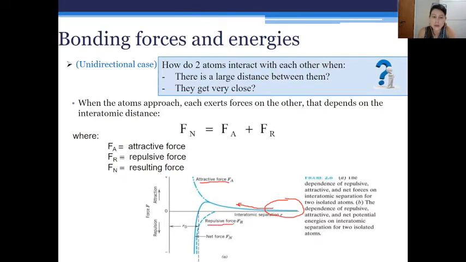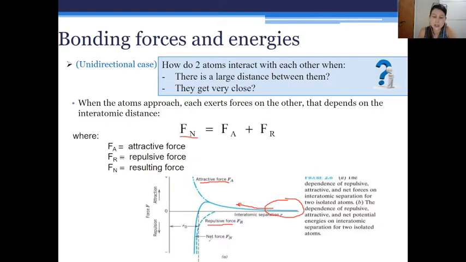To have an idea of the resulting force obtained, we should sum up the attractive force due to the attractions that we described between these two atoms and the repulsive force between the two nuclei of these two atoms.